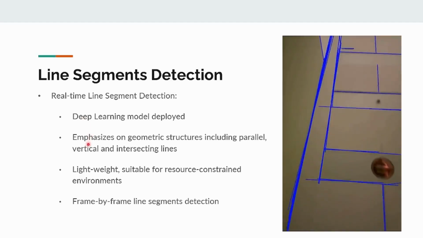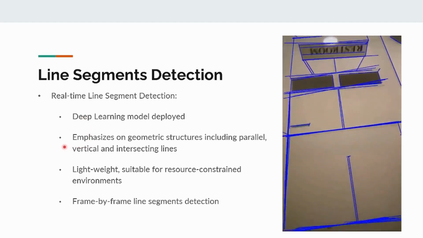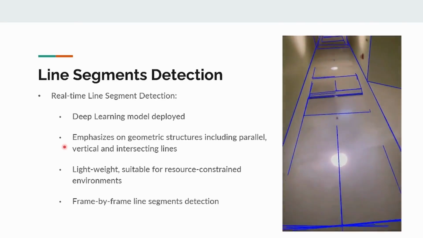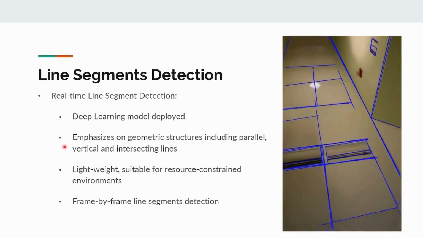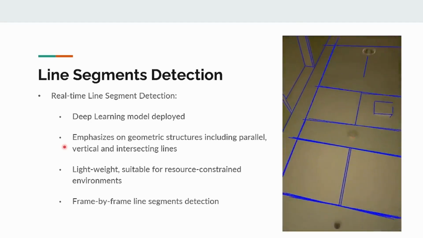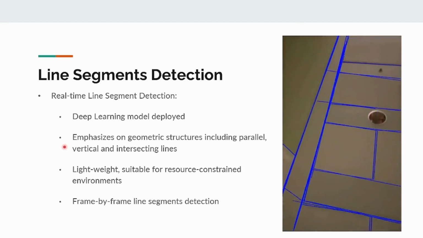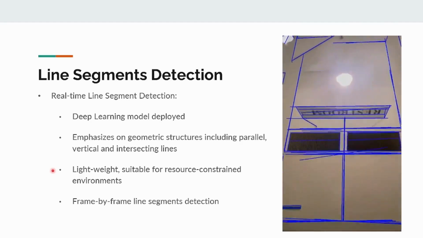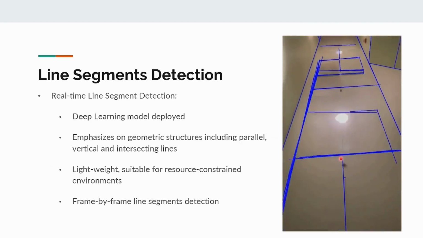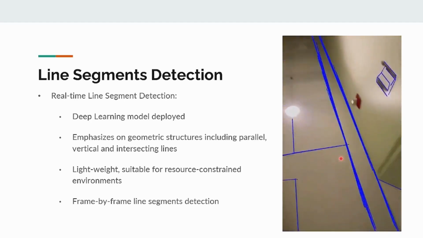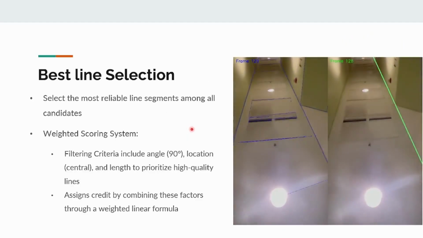Instead of simple edge detection, this model is designed to detect line segments that correspond to geometric structures such as parallel lines, vertical structures, and intersections, which can be commonly found in the interior of buildings. Furthermore, this model is lightweight enough to be suitable for resource-constrained environments. As you can see in the video, this model allows us to successfully detect line segments on an edge device in real time.